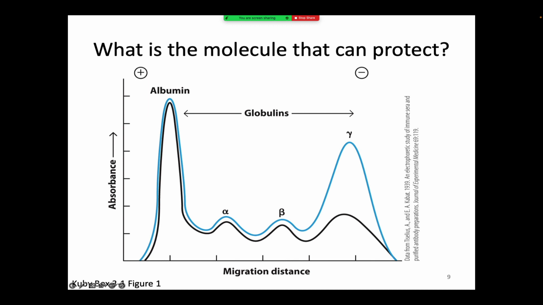People then did more experiments based on the experiments that von Behring and Kitasato did. Basically, what they tried to do was take this serum and divide it up more to try to figure out what is the thing in this mixture that is the protective thing.